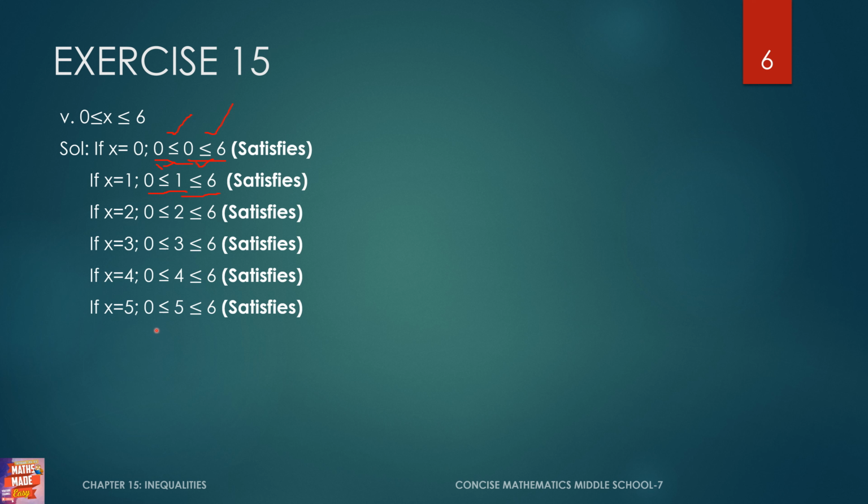Even for 5, yes, 0 is less than 5 and 5 is less than 6. So the solution set will be 0, 1, 2, 3, 4 and 5. At all these points, it is satisfying the condition. So write 0, 1, 2, 3, 4, 5 are the solution set.